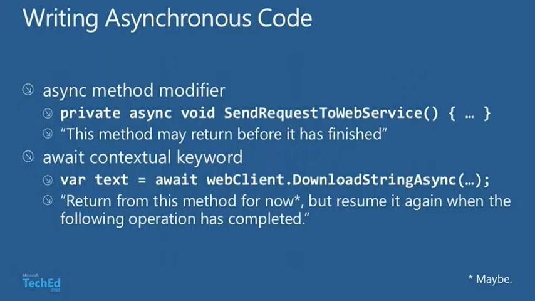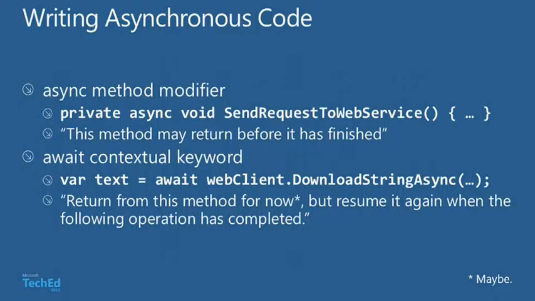Inside an async method, you can have an await. And await says, take this asynchronous operation and do not proceed with this method until that asynchronous operation is completed. So in this case, for example, we're kicking off a download string async, and what await is saying is don't proceed to the next line until that asynchronous download has completed.